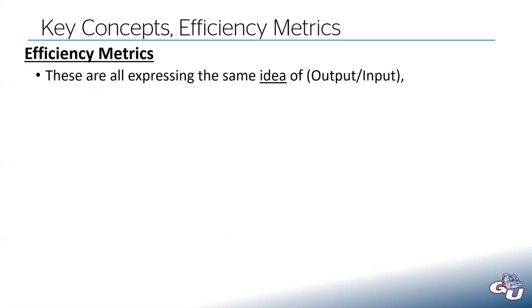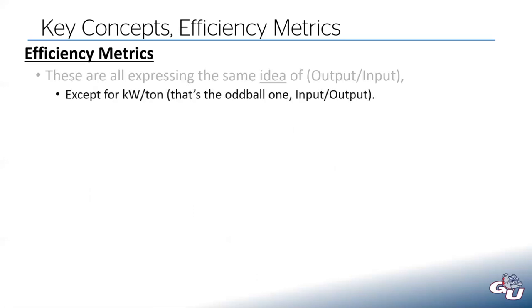Ultimately, though, all of those refrigerant efficiency terms, they're all expressing the same idea of output over input. The only oddball in that group is that kW per ton, where they've flipped it around. So most of those are expressing the same idea, but they use different units, whether they're dimensionless or they're BTUs per hour over watts.